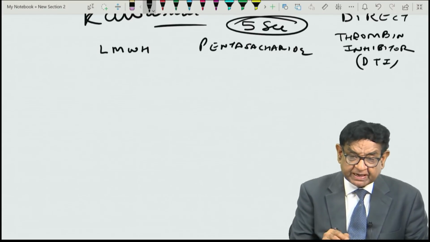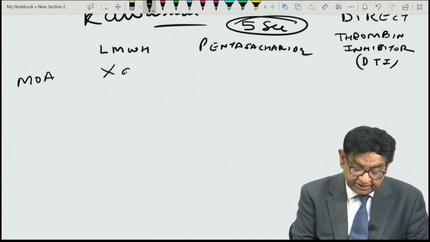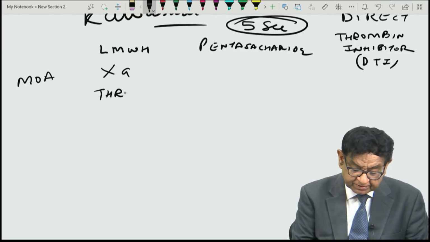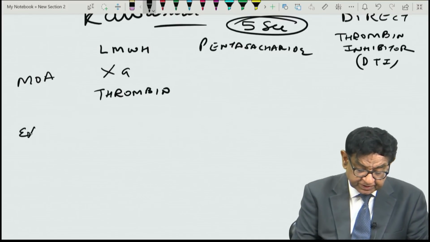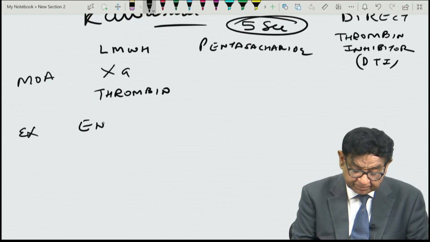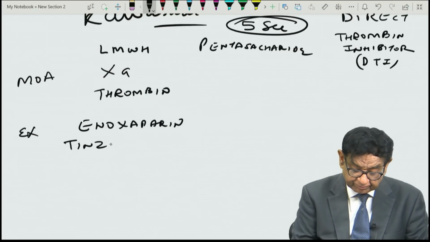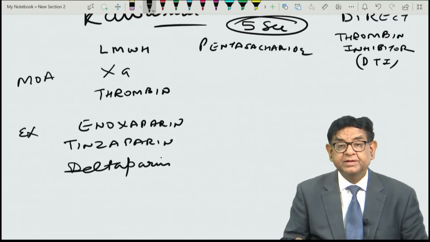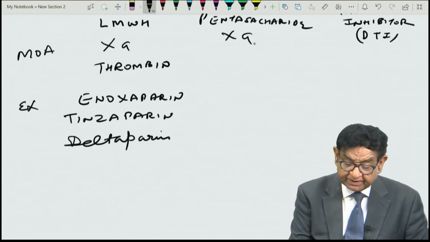So we talk about mechanism of action. Low molecular weight heparin: factor 10A inhibitor and thrombin inhibitor. Examples of this drug are enoxaparin, tinzaparin, dalteparin. Then we talk about pentasaccharide. They inhibit factor 10A.